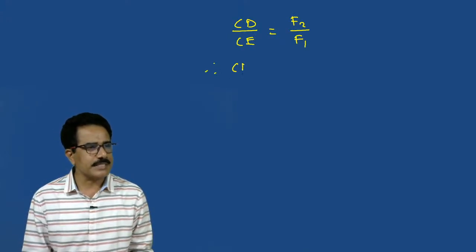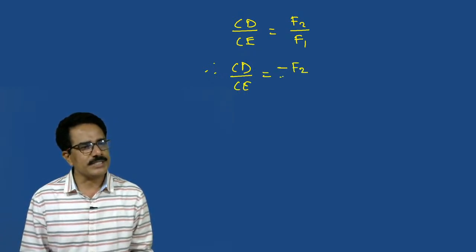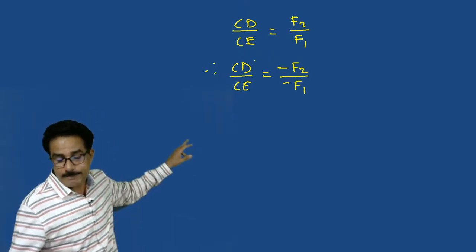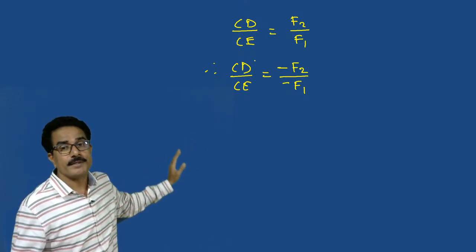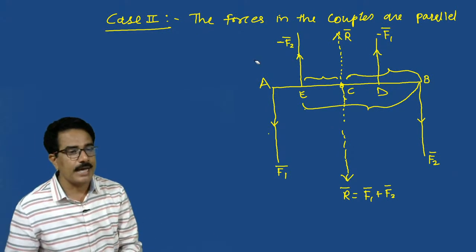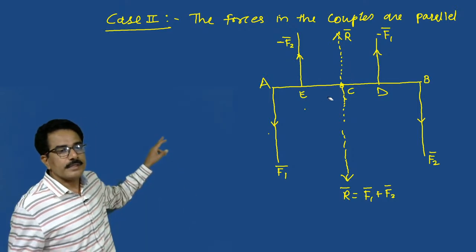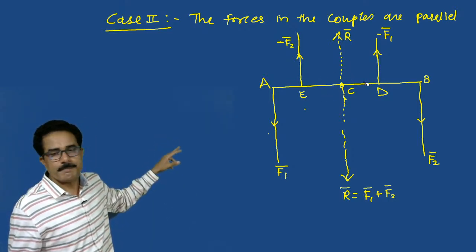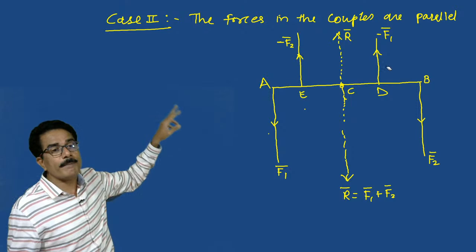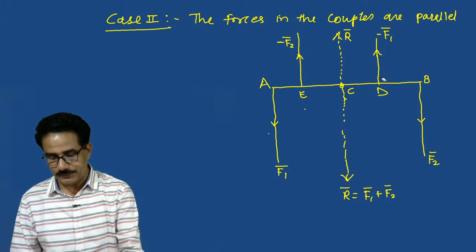That can be written as CD upon CE equals to minus F2 upon minus F1. अभी ये देखो, ये क्या हो गया, अभी पैरेलल फोर्सेस का अपवर्ड डायरेक्शन का थ्योरम हो गया. देखो, पैरेलल फोर्सेस का अपवर्ड डायरेक्शन का थ्योरम हो गया. कौन सा है, CD upon CE, which is equals to minus F2 upon minus F1. This is also the converse of the parallel forces theorem.